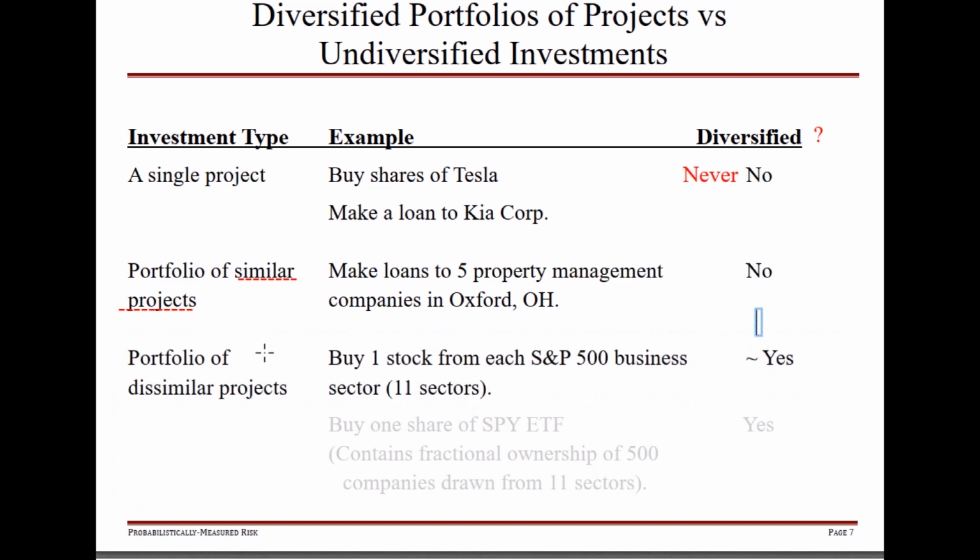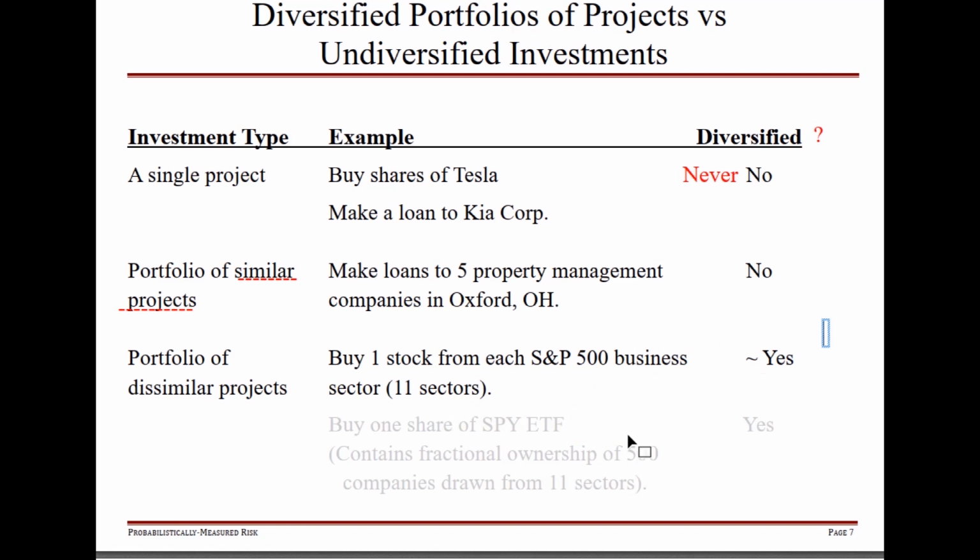Let's look at a couple examples of portfolios of dissimilar projects. So a simple example would be, let's buy one stock from each S&P 500 business sector. In the S&P 500, there are 11 sectors, including finance, energy, communications, consumer discretionary, consumer non-discretionary, stuff like that.